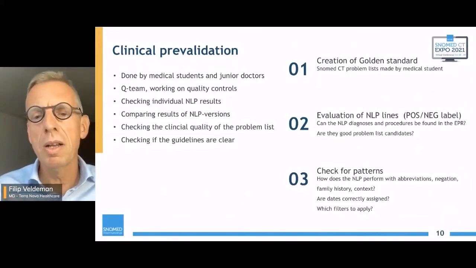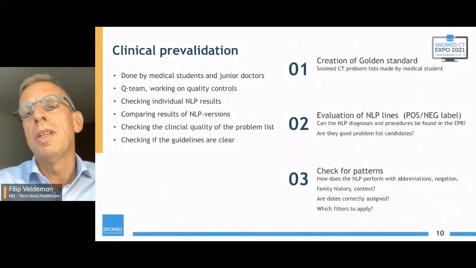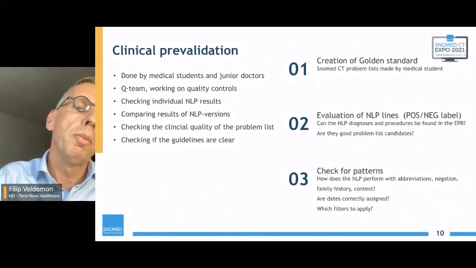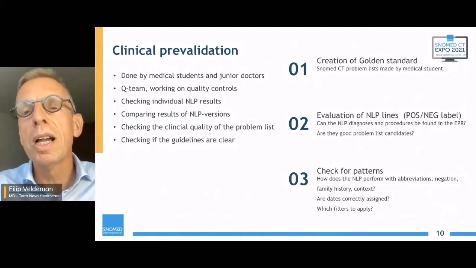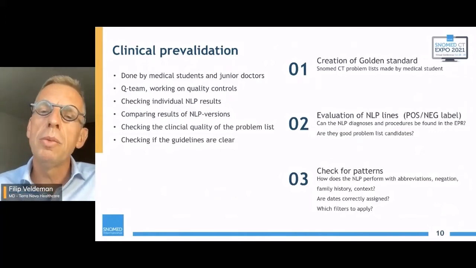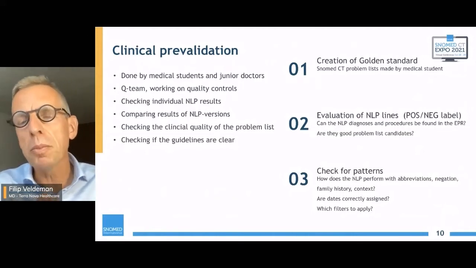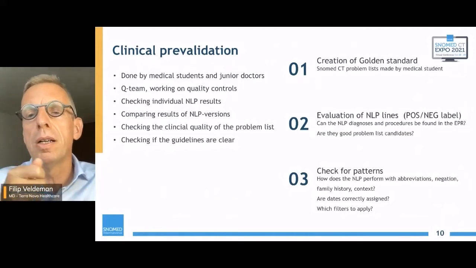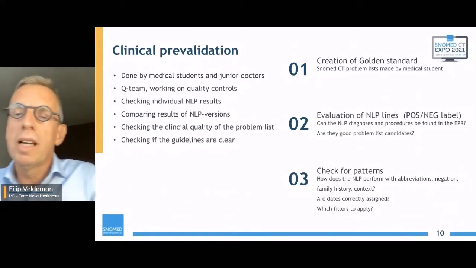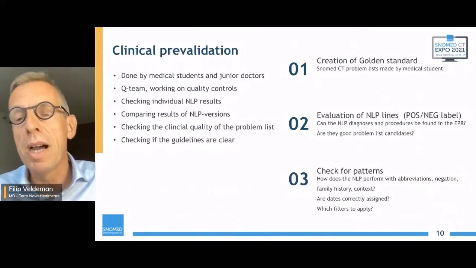And basically, thanks to the students, we have a database with golden standards, meaning if they would make the problem list themselves, what would it look like? What would they choose? What would they use as SNOMED codes? Then we have the results of the NLP, where the students give line per line a label. This is a positive line, a good line, or a negative line, a bad line, and why.